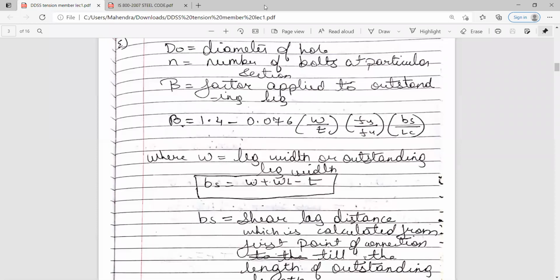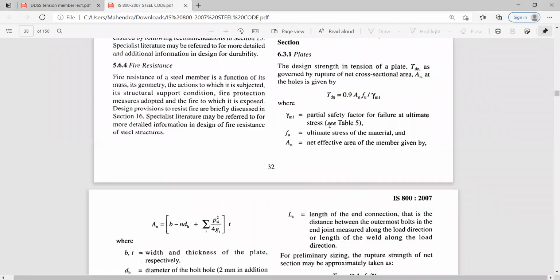So beta is a factor applied to the outstanding leg. Again, the formula for beta is given in your IS code, on page number 34 of your IS 800 2007. I will show you where the formula for beta is.